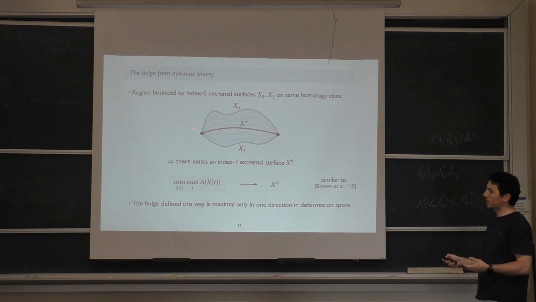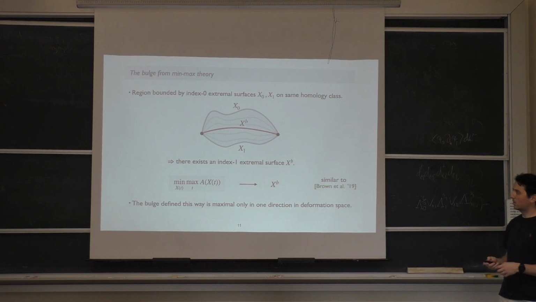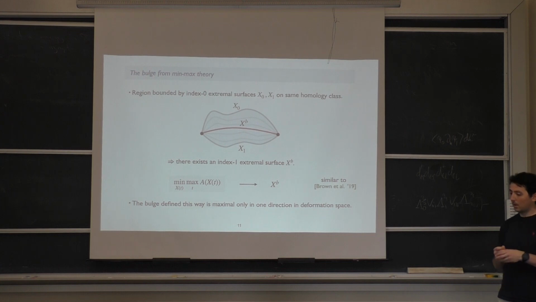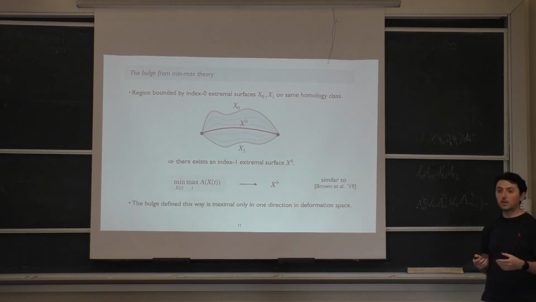These surfaces can, in principle, have some boundary, and they share it because they are in the same homology class relative to this boundary. The mathematical theorem is that, given this setup, there must exist an index 1 extremal surface in between these two index 0 extremal surfaces.